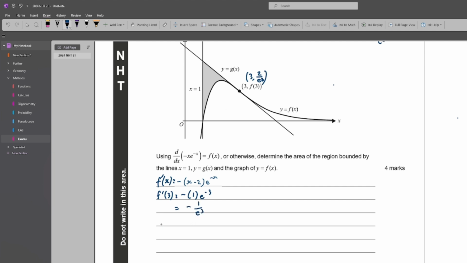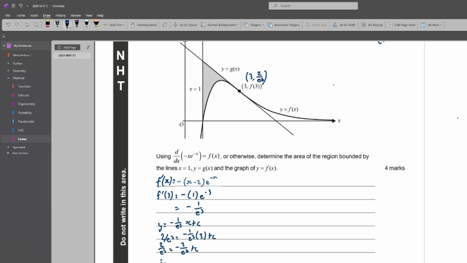Okay, the equation of the tangent is going to be y equals mx plus c, where m is negative 1 on e cubed, x plus c, at this point. So we'll sub in 2 on e cubed: 2 on e cubed is equal to our gradient times the x value of 3. 2 on e cubed equals negative 3 on e cubed plus c.